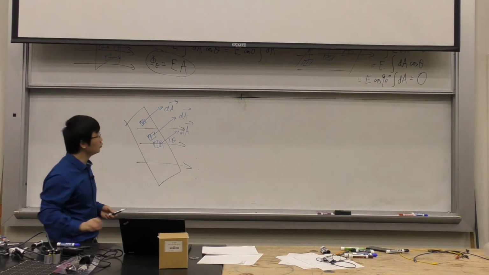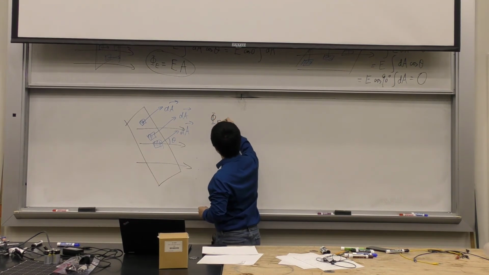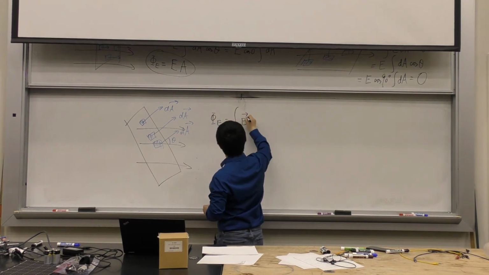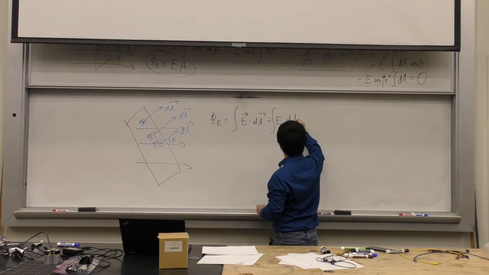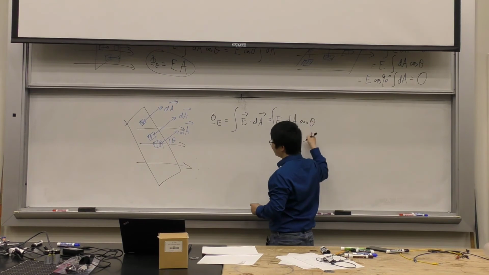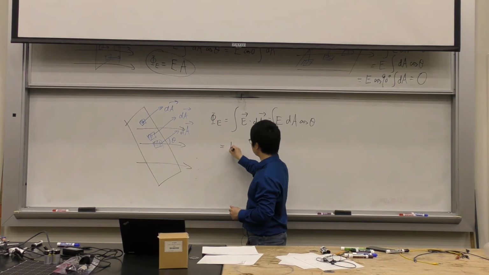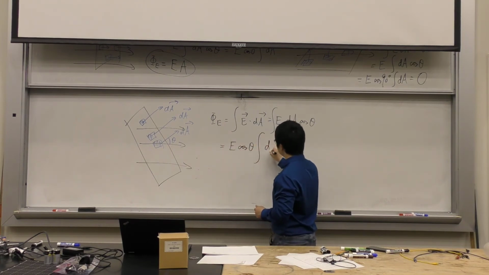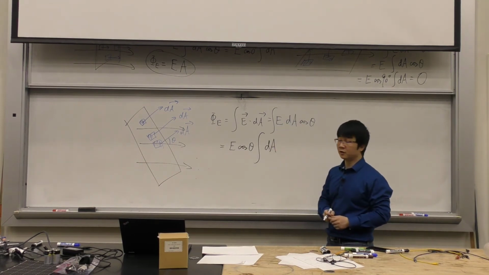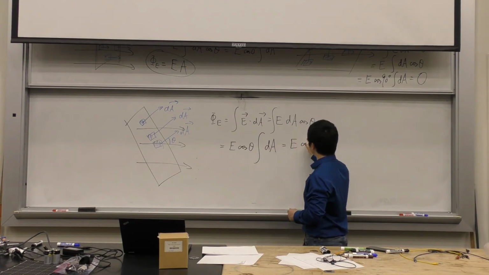If you repeat what we just did, you still get E dot dA, and then E dA cosine theta. Now E and theta are going to be constant, even though you don't have 0 or 90 degrees. These are two numbers everywhere, so you can take them out. You get an integral of dA, no function in it. That's just going to give you the total area. So you get E cosine theta times A, or EA cosine theta.